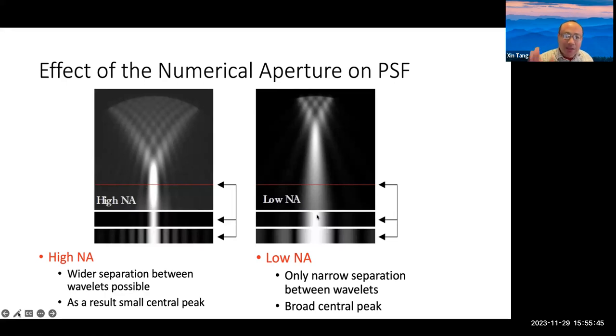Then these two will contact each other. They look like they touch, but in reality they are separated. So in the microscope, I cannot tell these two points apart by eye. I will think they are the same point. That's not good, right? We want to see the details between these two things.